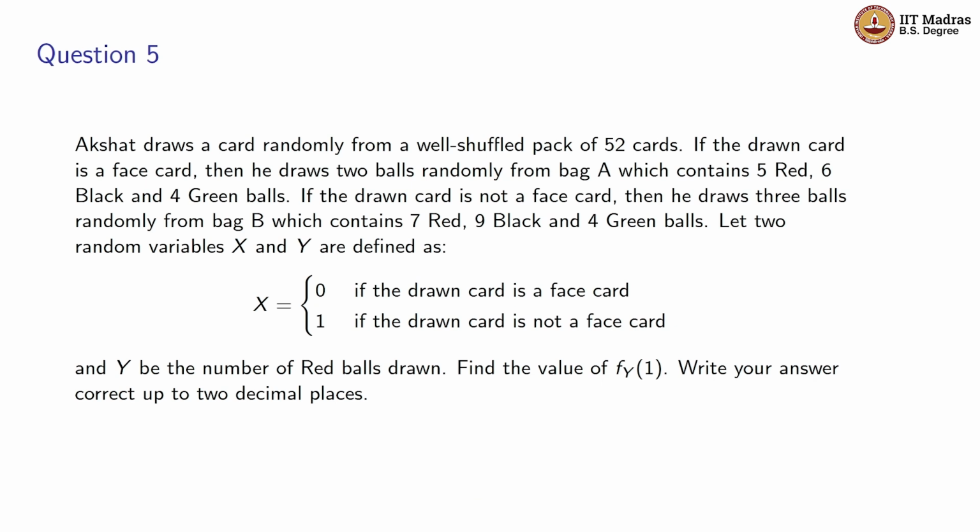Let 2 random variables x and y be defined as: x takes value 0 if the drawn card is a face card, and it is equal to 1 if the drawn card is not a face card, and y is the number of red balls drawn. So we have to find the probability y is equal to 1.